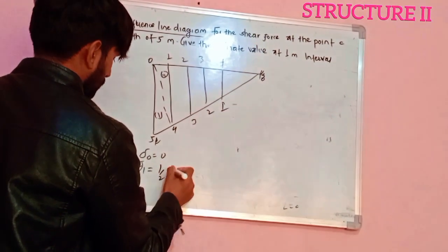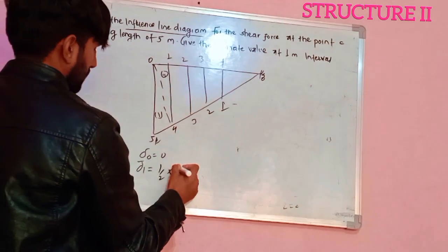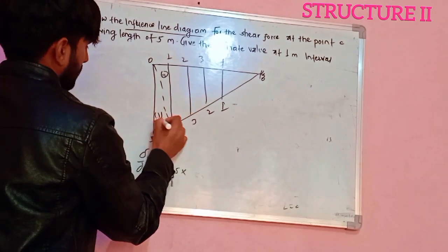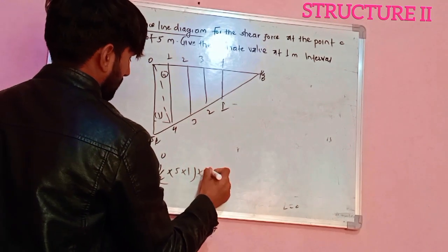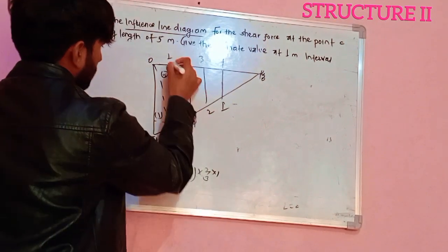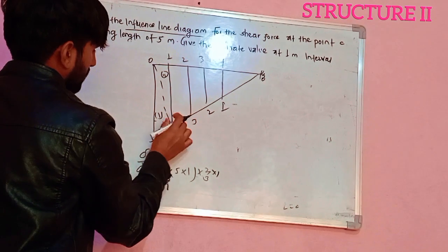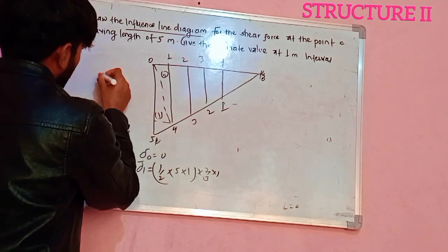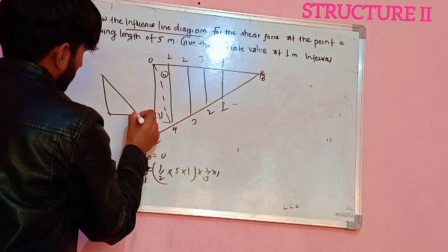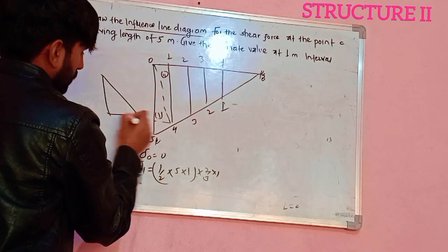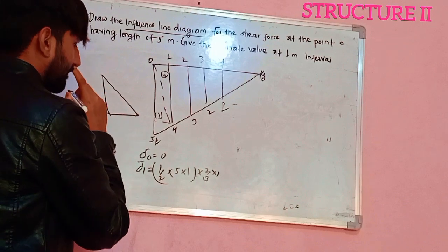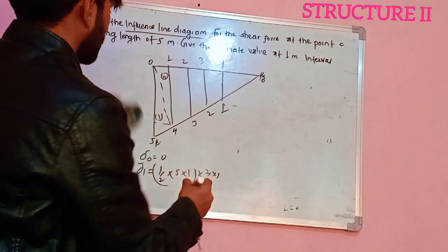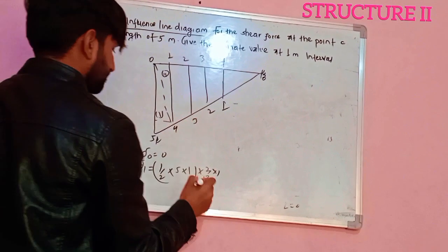So that is 1 by 2. I'll consider this as the base. That will become 5, and this will become the height. What is the height? This 1, into center of gravity 2 by 3 into 1. From this point, if you go toward this point, you will get the CG at 2 by 3 of this total base.